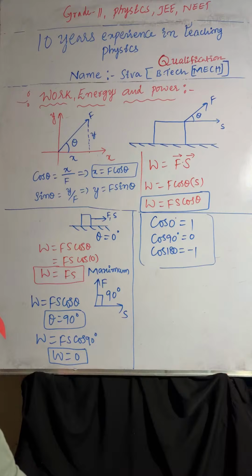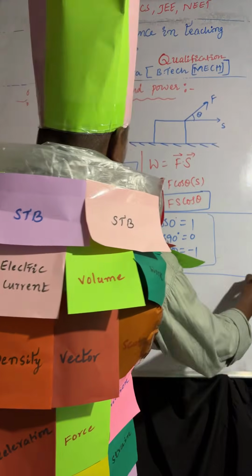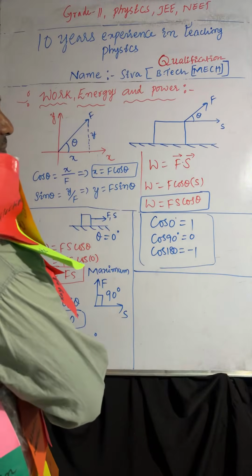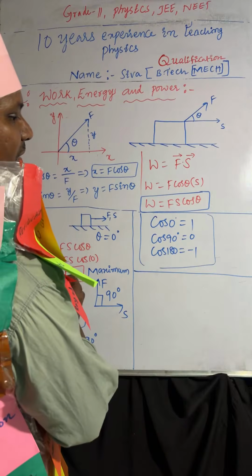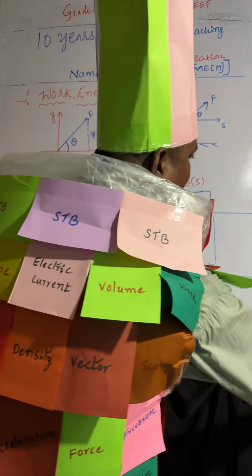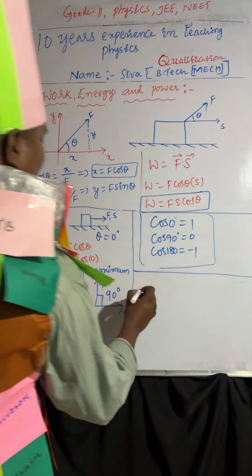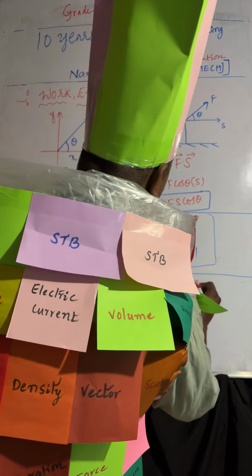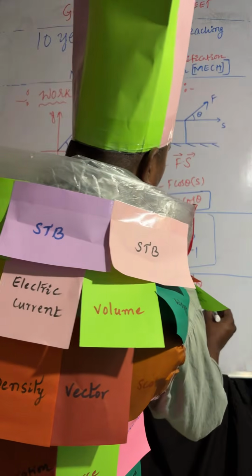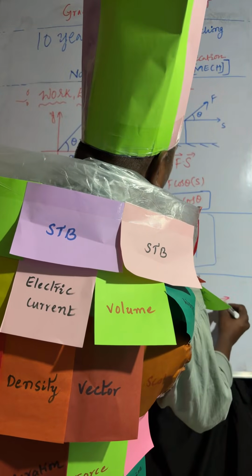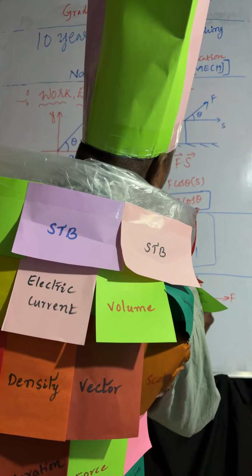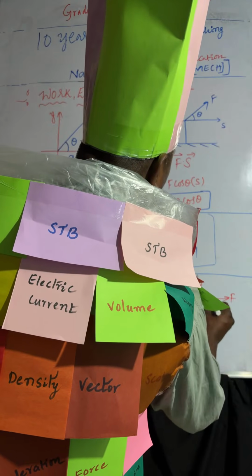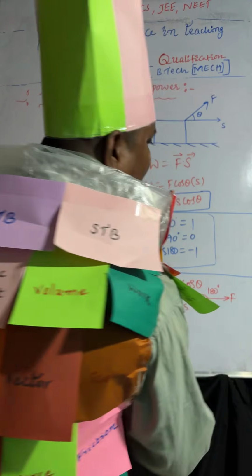Now the next one. Work done W equals Fs cos theta. Here force and displacement are acting opposite to each other, so the angle is 180 degrees.